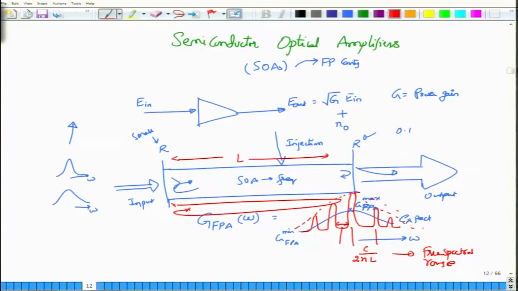Okay. Of course, within these peaks, the peaks themselves are reasonably broad, so that most of the wavelengths can be fit into it, but not every wavelength in the operating fiber optic communication system can be fit into one of those peaks.